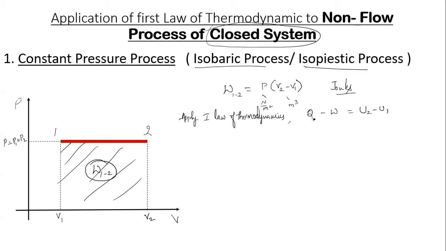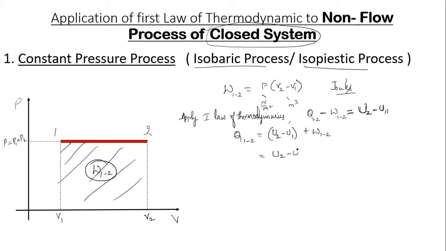It is change of process from 1 to 2. That is Q1 to 2 minus W1 to 2 is equal to U2 minus U1. Let me keep Q1 to 2 on the left side, then minus W1 to 2 to the other side. Therefore, it will become U2 minus U1 plus W1 to 2.